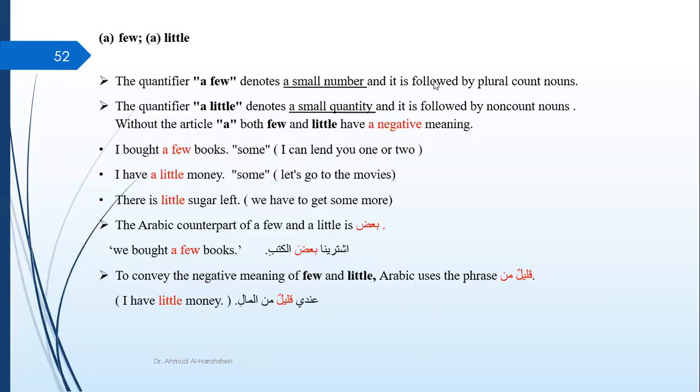So a few and a little are translated as بعض, and few and little are translated as قليل من.